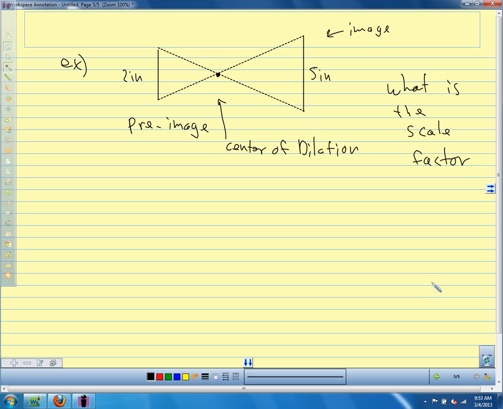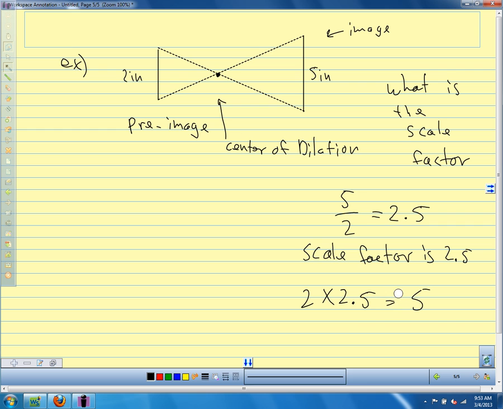5 divided by 2. We're just figuring out how many times bigger 5 is than 2. So 5 divided by 2 is 2.5. So the scale factor is 2.5. And we can check to see that we're multiplying our lengths by the scale factor. 2 times 2.5 as a check equals 5.